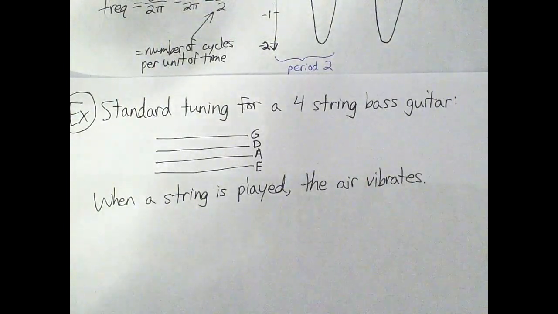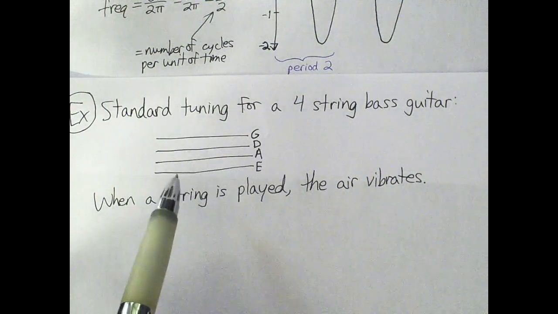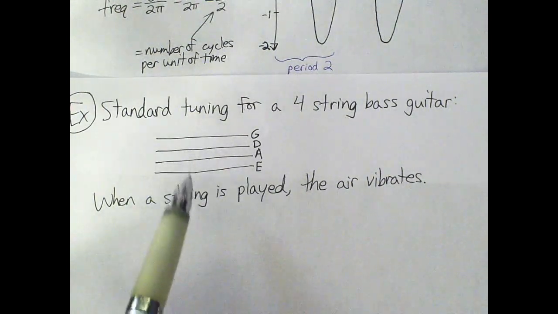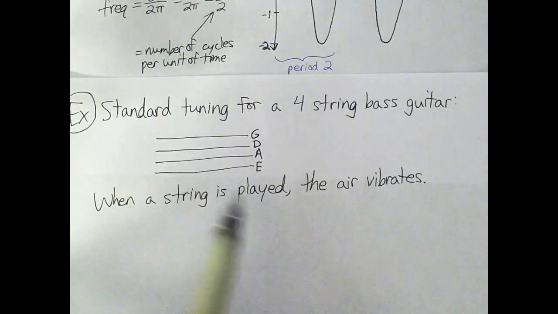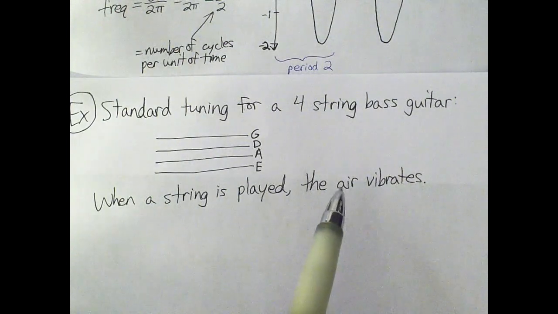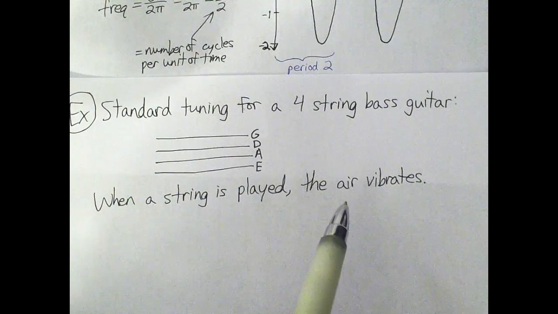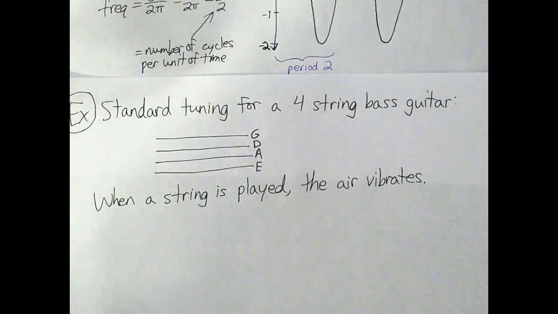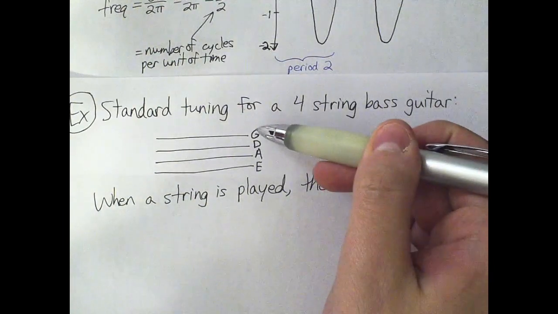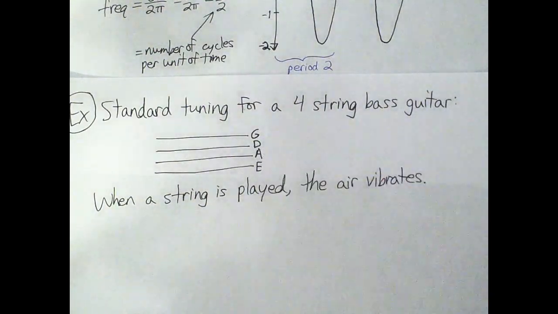Basically, you pluck a string on a bass guitar, and the string is going to vibrate up and down, and that causes the air around it to vibrate, and that's what we call sound waves. And the vibrating air reaches our ears, and we perceive the note according to what note was played.